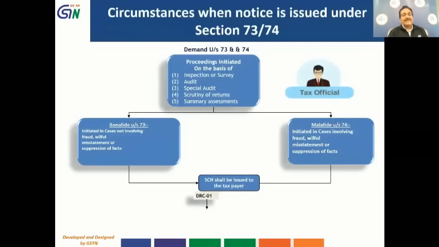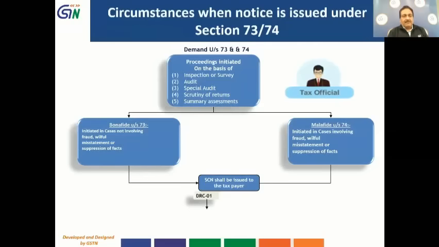If some discrepancies are noticed, demand proceedings are initiated under section 73 or 74, whichever is applicable, for the demand and recovery of such tax dues with interest, and notice is issued also proposing penalty.